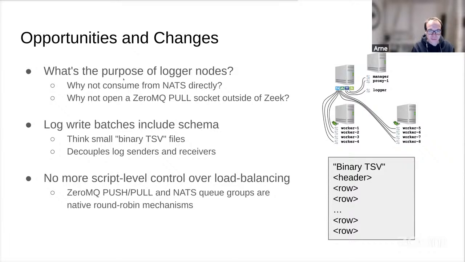This is mostly a slide of food for thought. Looking at the layout of the NATS architecture again, for log writes in particular, all of the workers send their log writes to the central NATS server, just to then have loggers pick up the log writes from the NATS server again and do something else with them, potentially forwarding to Kafka or another NATS server.